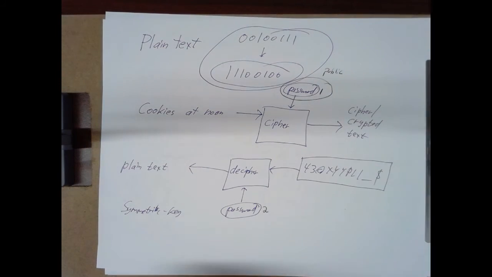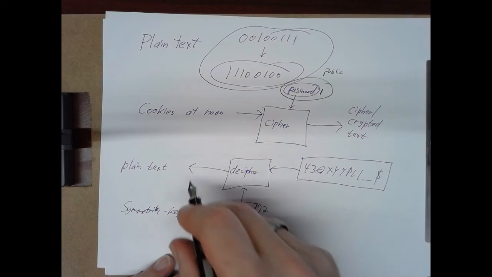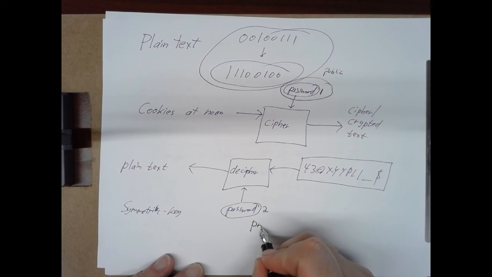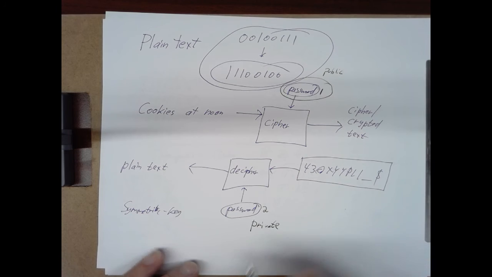They find out what the password is they need to encrypt the information. But password 2, which is used to decrypt the information, that's private. Nobody knows that except Amazon. And this means that everybody can encrypt their message and send it to Amazon. And it doesn't matter if somebody sees that encrypted message, they have no way to decode it unless they know this private password.